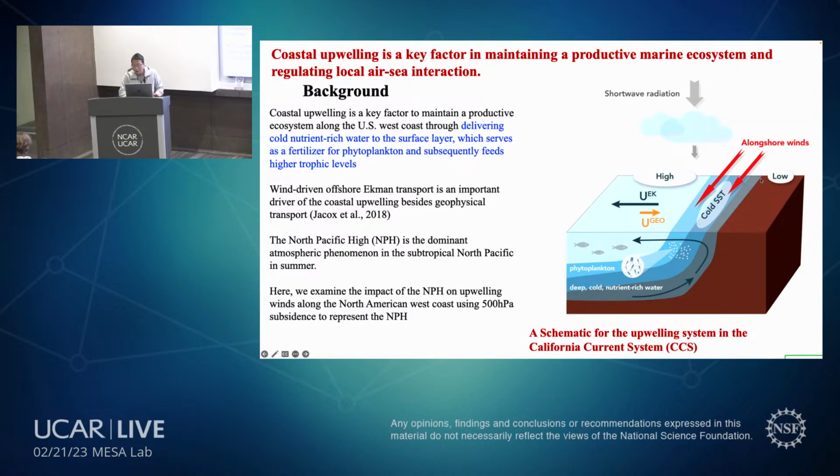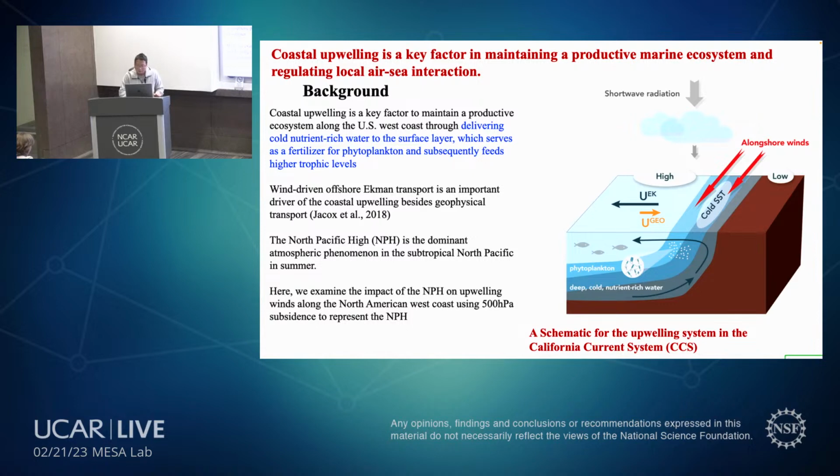Near the coast, equatorward winds prevail, and these winds move water offshore by Ekman transport and cause coastal upwelling. Coastal upwelling is important because it delivers nutrient-rich water from the deep ocean to maintain a productive marine ecosystem.